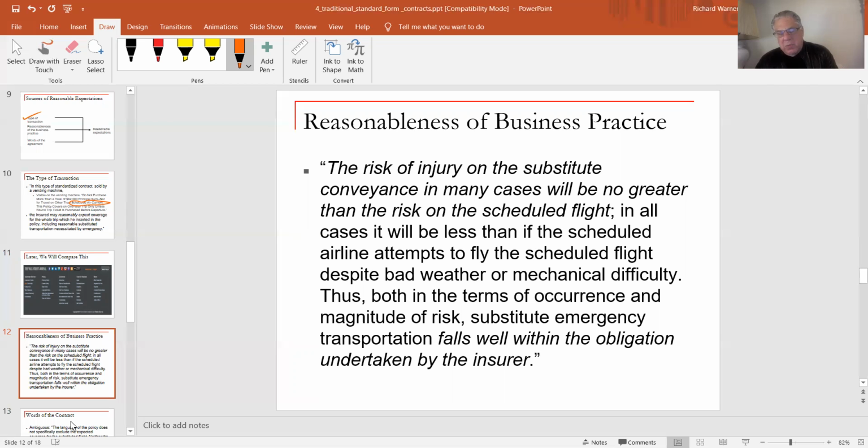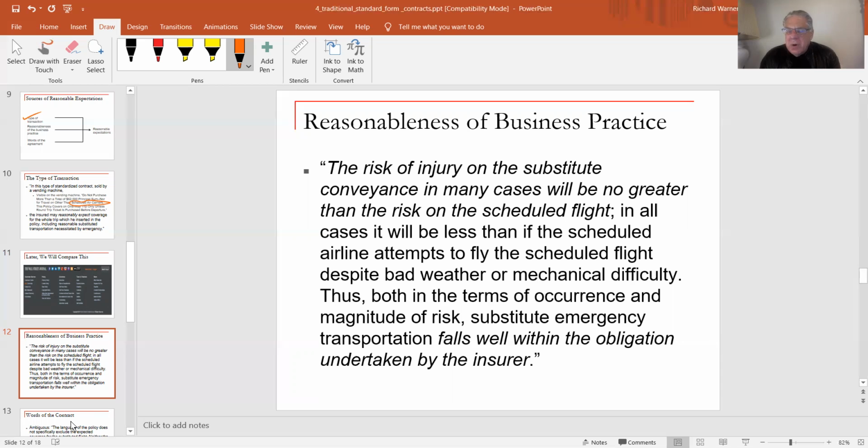Well, to do that, you figure out how likely it is people will die in an airplane crash, and you use that estimate of likelihood to figure out how much to charge for the premium. So of course, we don't see the difference in likelihood of a crash between a scheduled air carrier printed on the ticket that regularly flies, and an air taxi, a charter flight that flies on higher.